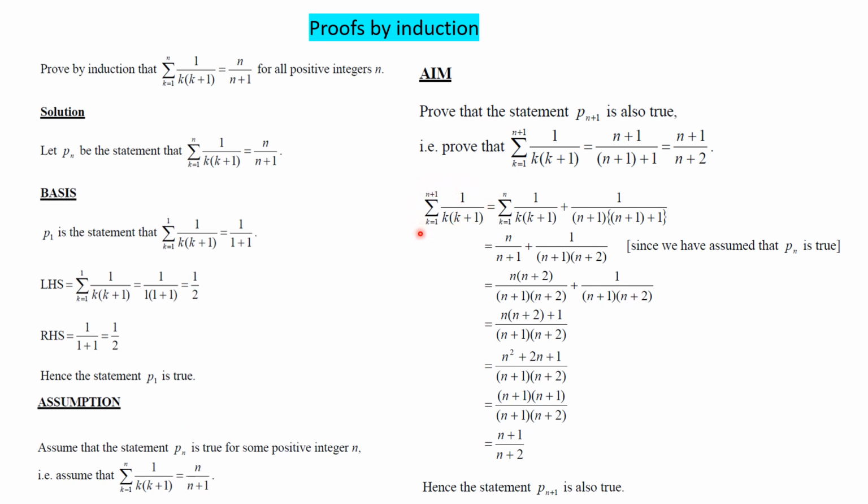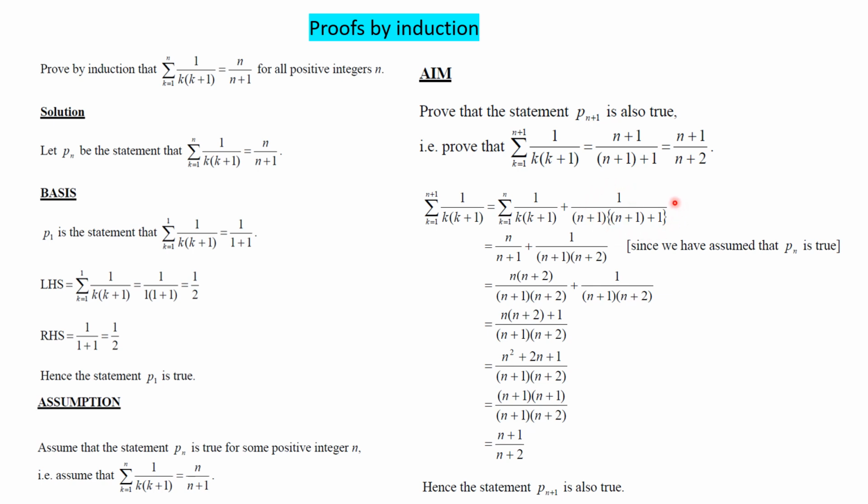If you go from k equal to 1 to k equal to n plus 1, you can split this up into 2. You go from k equal to 1 to k equal to n, and then you add the last term, which is k equal to n plus 1. That's how you get that term.